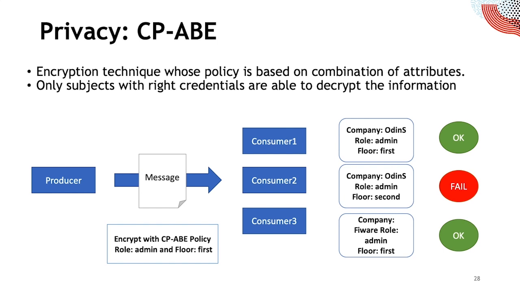This means that when a consumer uses his CP-ABE key to decrypt the information, he will be only able to decrypt it if his identity and the corresponding attributes match this specific policy. In this example, only the first and the third consumers are able to do it, but not the second one. This example can give us an idea of the flexibility and granularity this encryption technology provides.